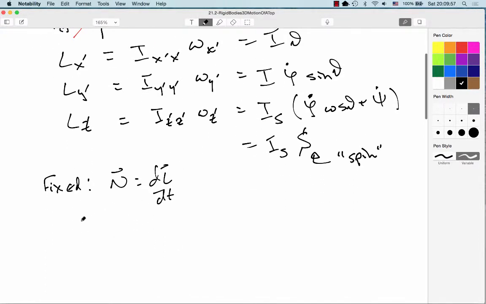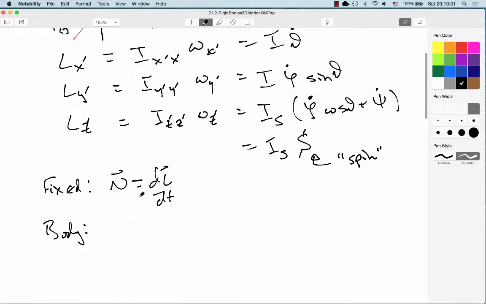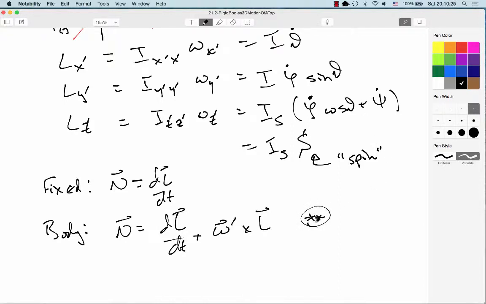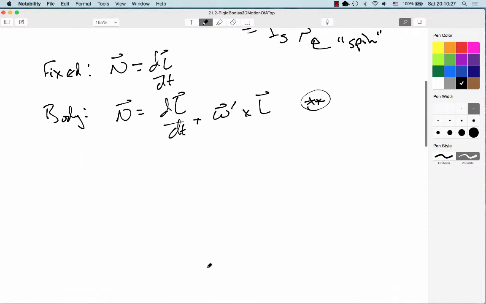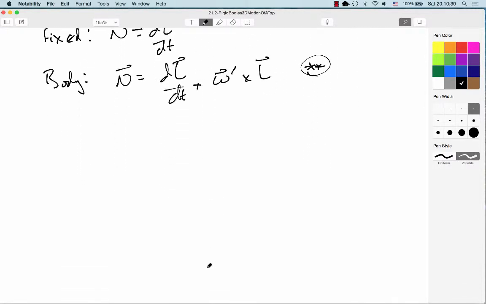So that means in the body or the rotating frame, the torque would have to be equal to dL/dt plus omega cross L. Oops, not prime, just cross L. All right, and we'll call that double star because we'll be getting back to it.